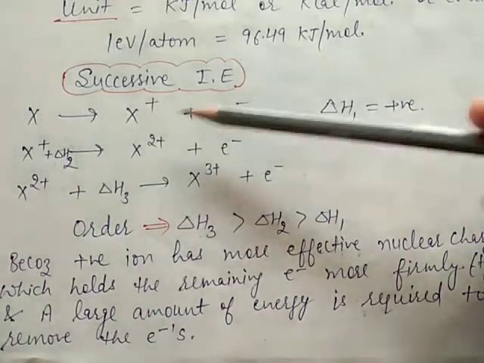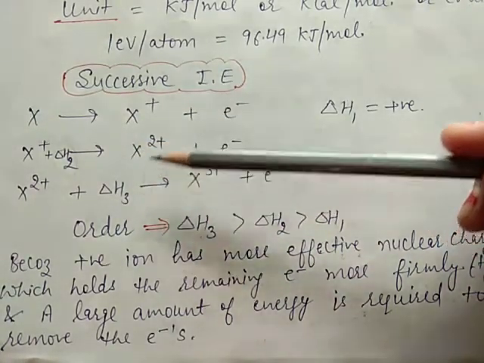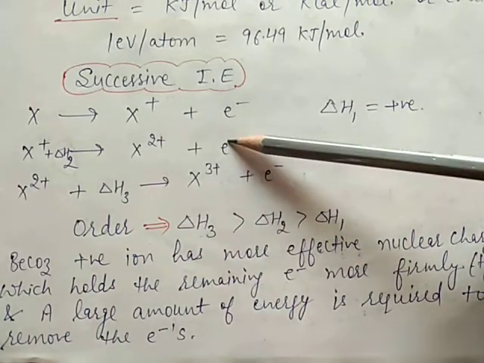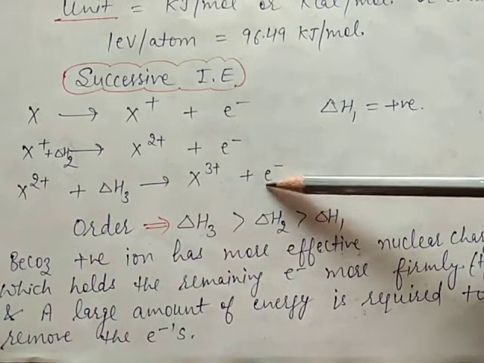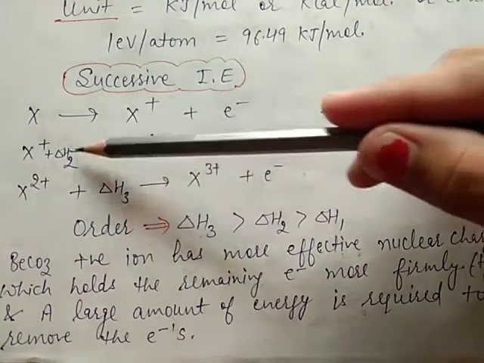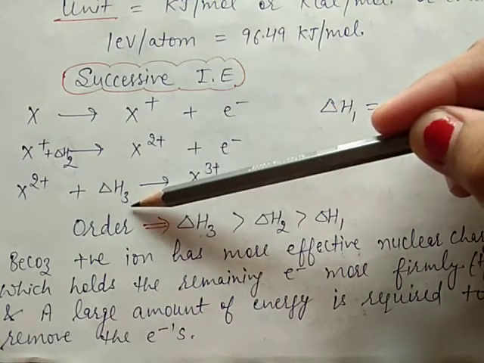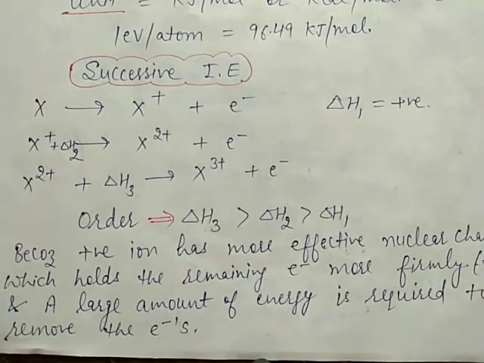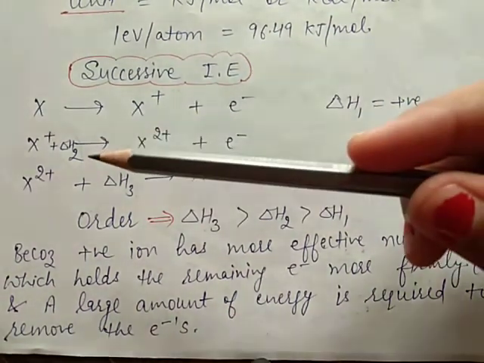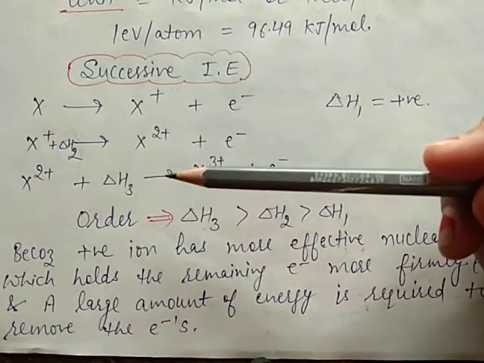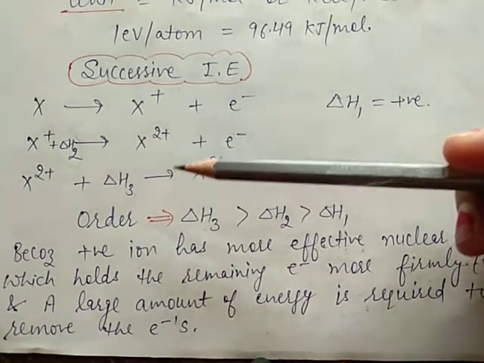This is called the second, third and successive ionization energy. This is the second ionization energy, this is the third ionization energy. Here delta H2 and delta H3 are the second and third ionization enthalpies.